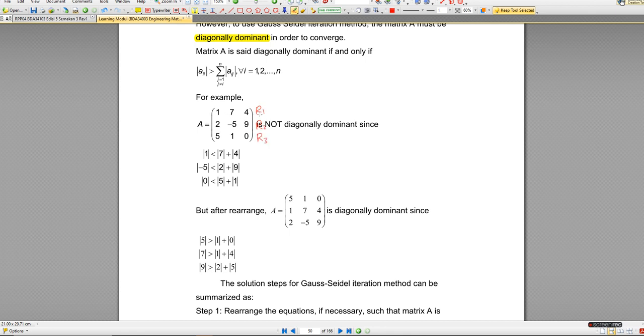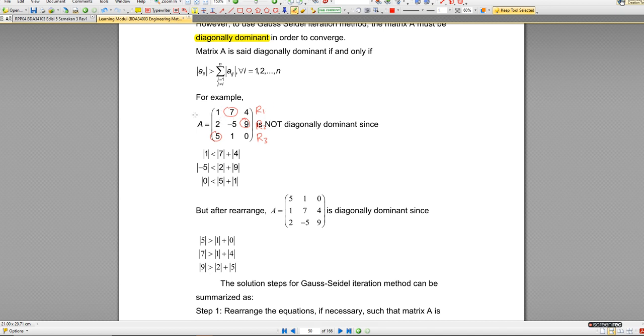In row 1, what is the highest number? 7, right? And then what is the highest number in row 2? Please neglect the plus or minus symbol, just take the modulus. 9. And then in row 3, what is the highest value? 5, right?